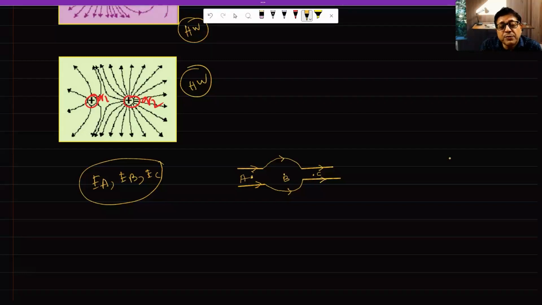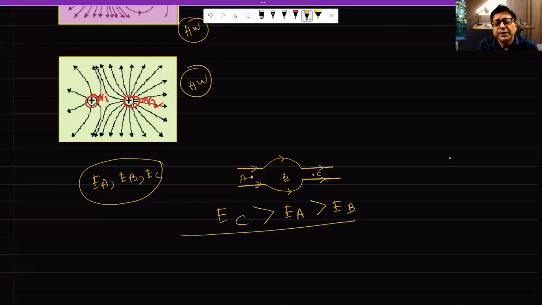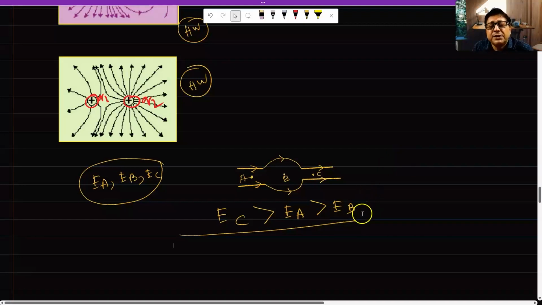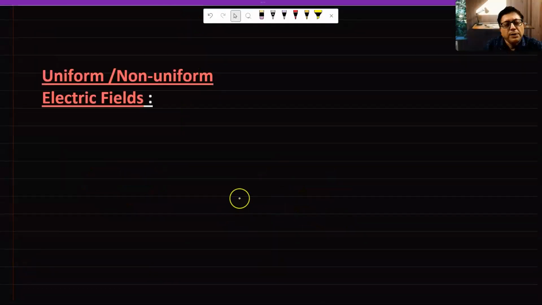Here lines of force are closer at the point A than at the point B. At C they are closest. So the electric field will be strongest at C, then at A and then at B. Just by seeing the diagram, the direction of electric field lines and their number, you can decide in which case the field will be stronger.